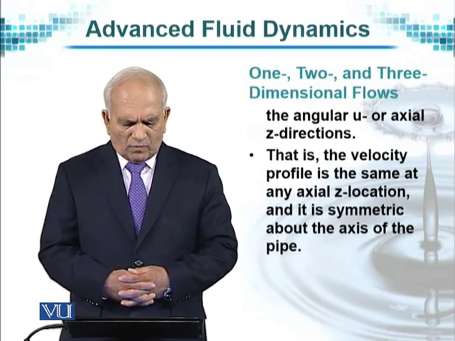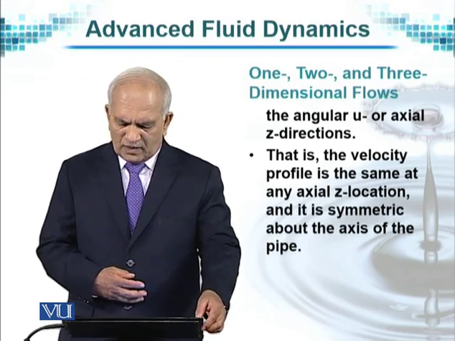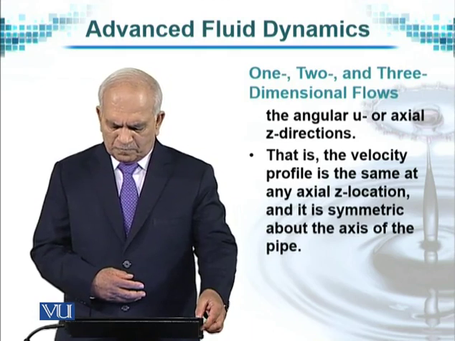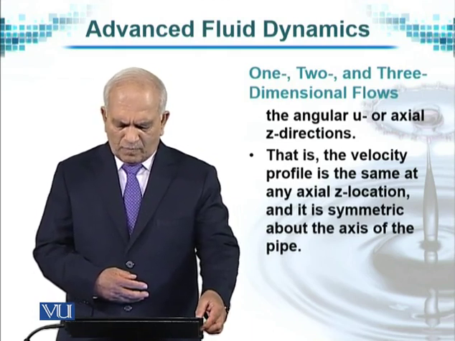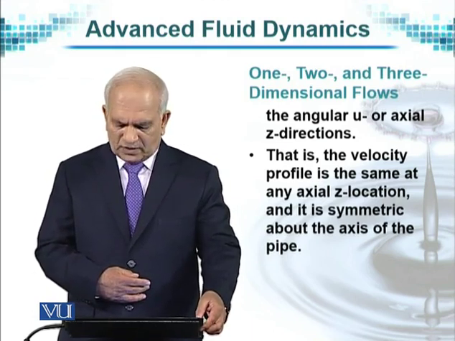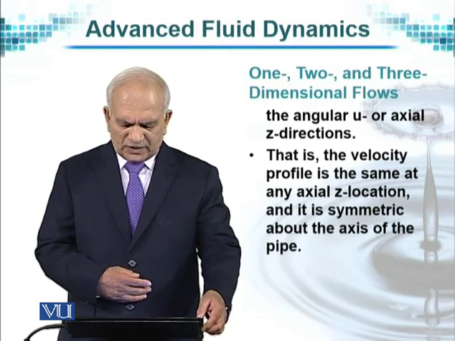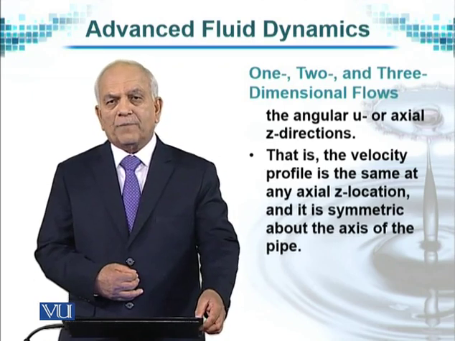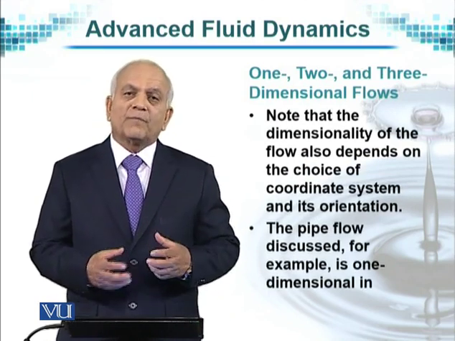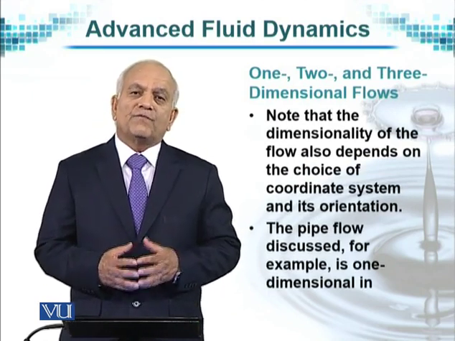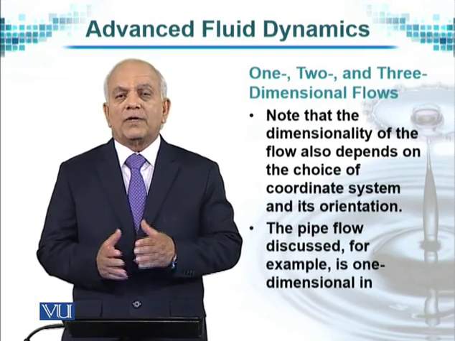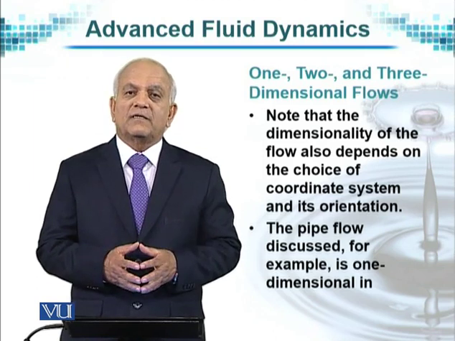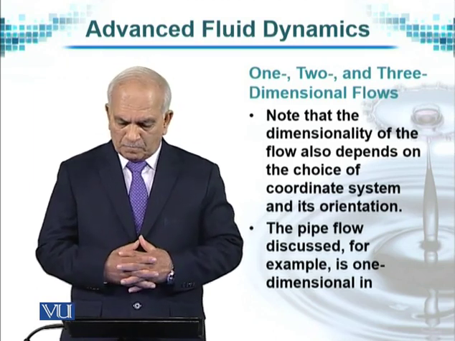That is, the velocity profile is the same at any axial z location, and it is symmetric about the axis of the pipe. Even the picture was showing the fully developed flow is very symmetric about the r line.